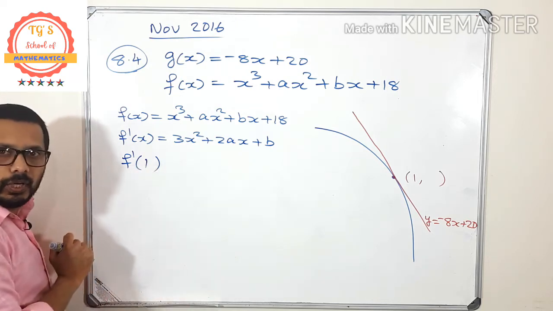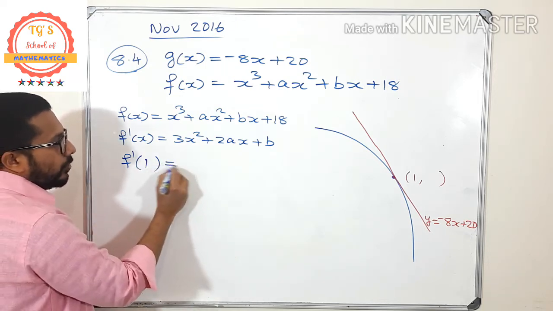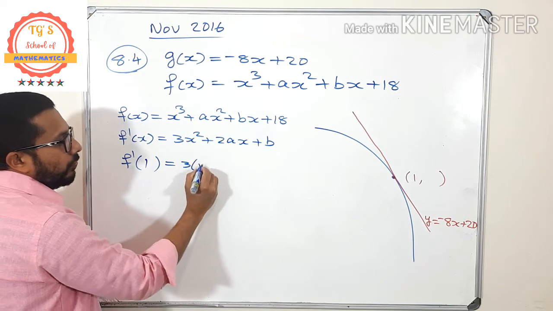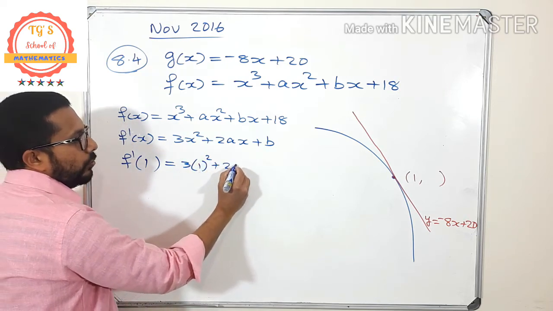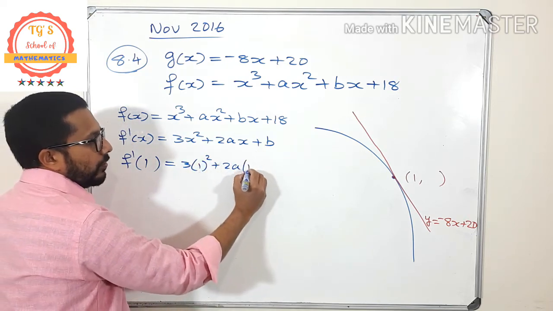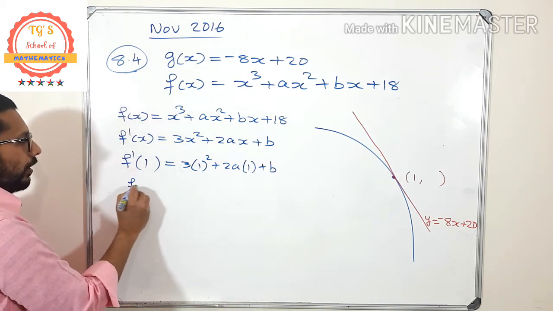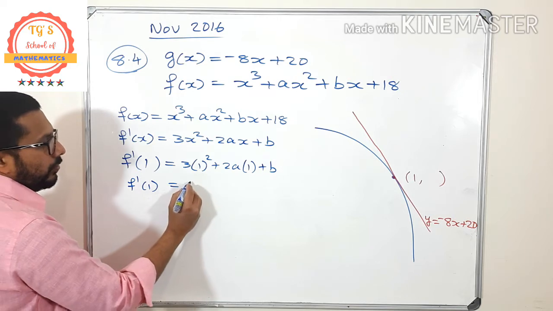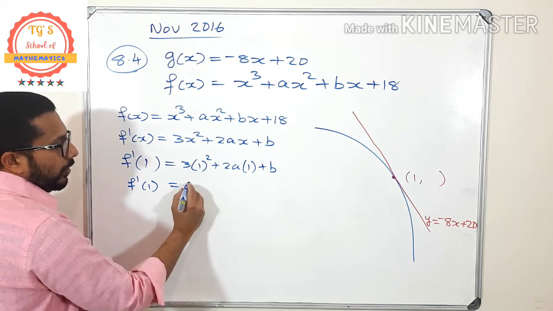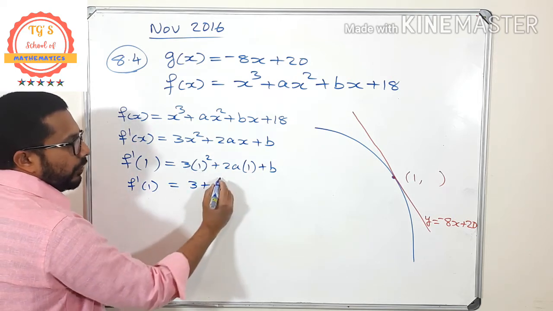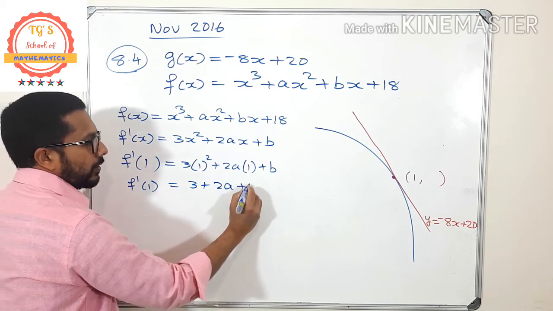It is 1. So I'm going to substitute: 3 into 1 squared, plus 2a into x, that is 1, plus b. f dash of 1 is equal to 3 into 1 squared, that is 3, plus 2a into 1 is 2a, plus b.